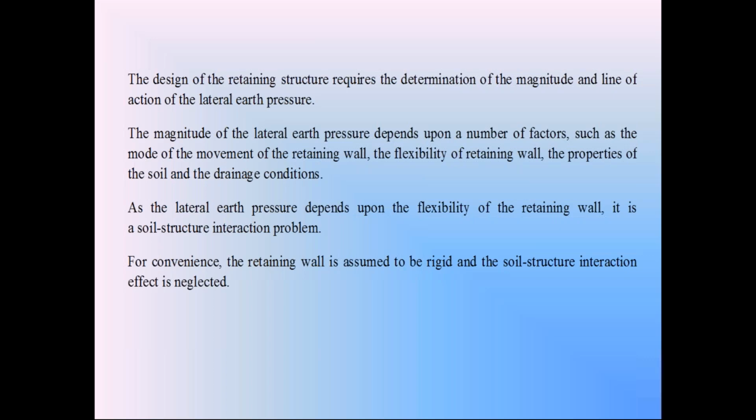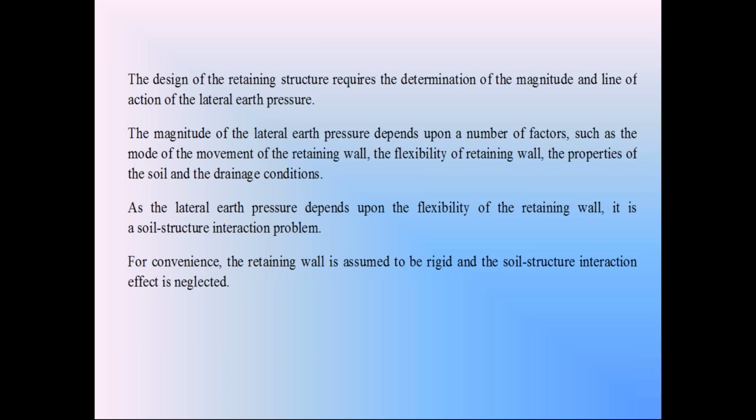The magnitude of lateral earth pressure. Lateral means horizontal. What is that horizontal earth pressure? We know that the earth retaining structure, that is the retaining wall, supports the soil on the back side. Once the retaining wall supports the soil on the back side, that soil is called backfill material.